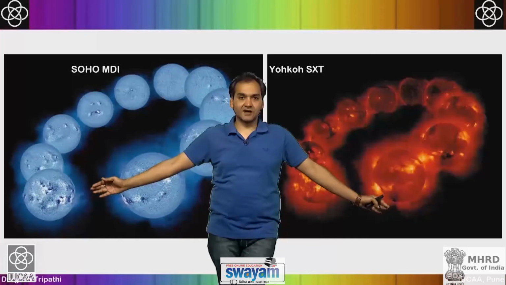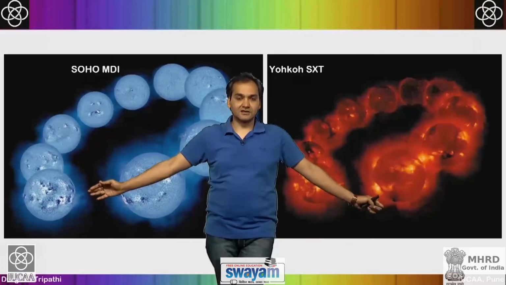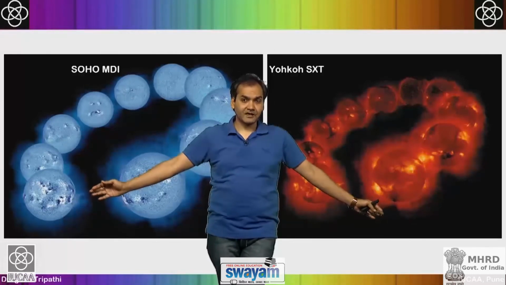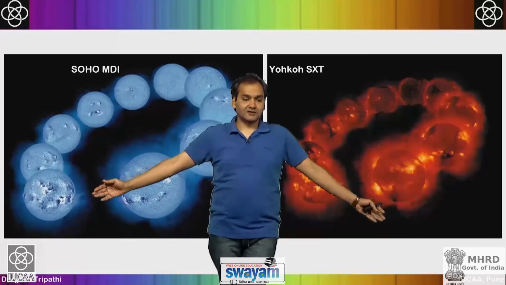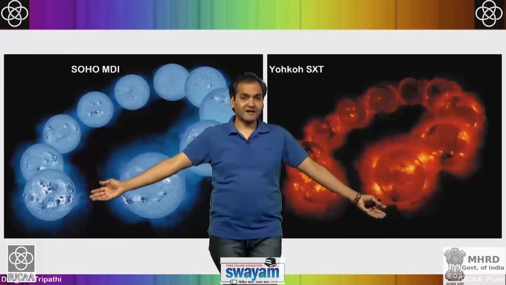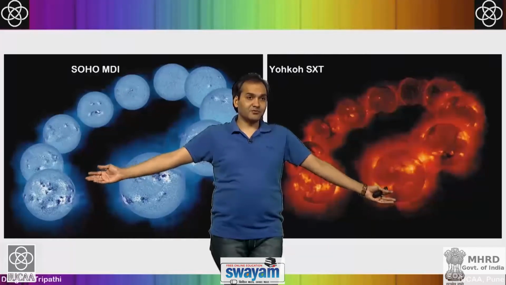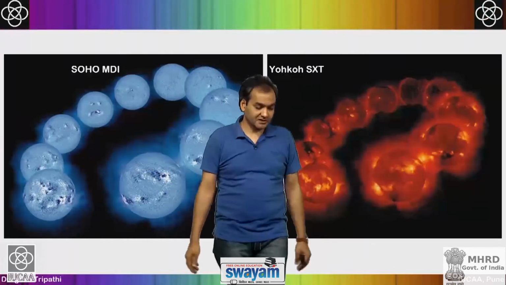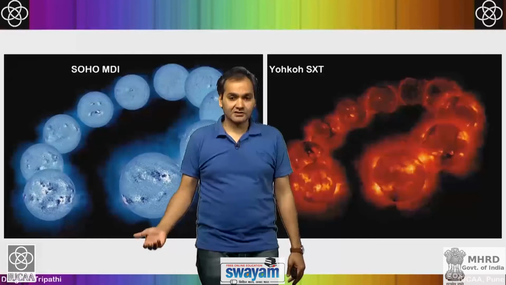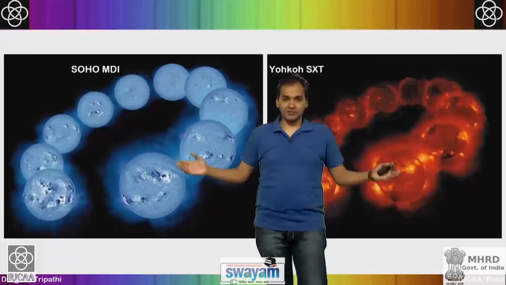You see that the X-ray emission is much larger when there is a strong magnetic field. The X-ray is emitting at around 3 to 5 million degrees, coming from the corona, and that says quite a lot about what might be giving a temperature of 3 to 5 million degrees to the upper layers when the lower layer is cooler, and it is all done because of the magnetic field.